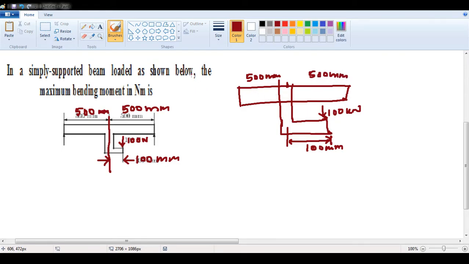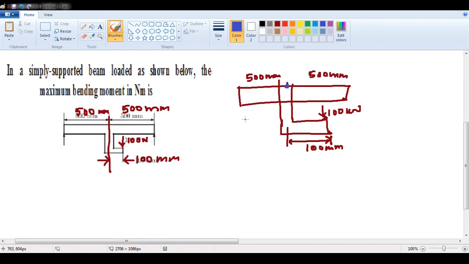Here the question is asking, in a simply supported beam, where will be the maximum bending moment? When you see this 100 into 100, it is very clear this is about this point, correct? So if I make a free body diagram, how will it look?